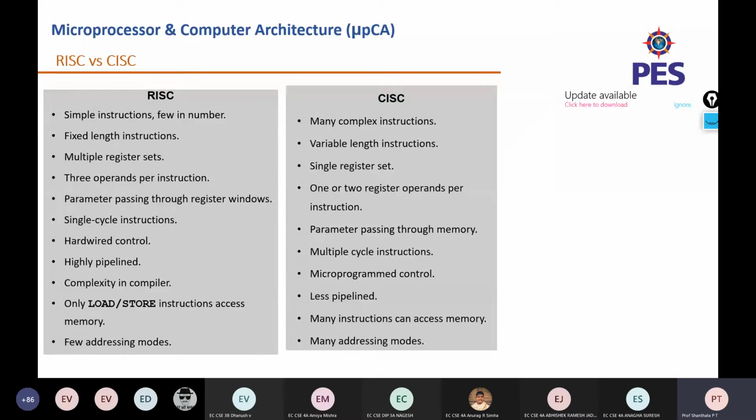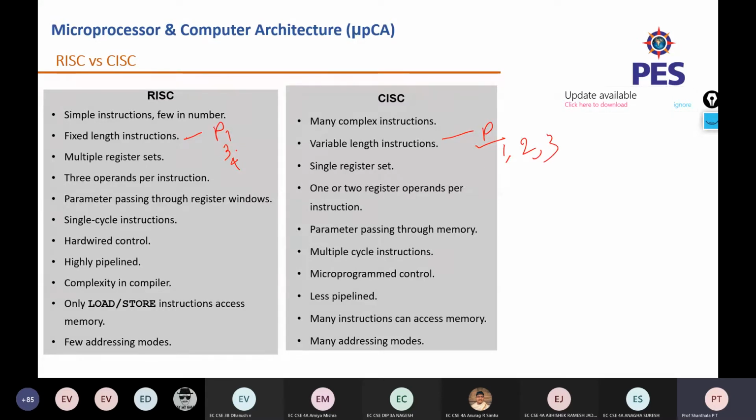Fixed length means, suppose I use any one specific processor, either the processor has only 3-byte instructions or only 4-byte instructions. But in the CISC machine, for any one processor, it is variable length: either I can have a 1-byte instruction format, or 2-byte, or 3-byte.